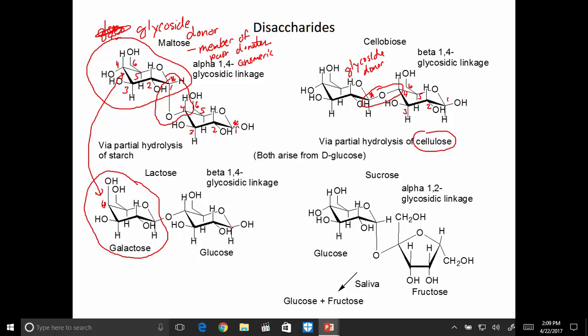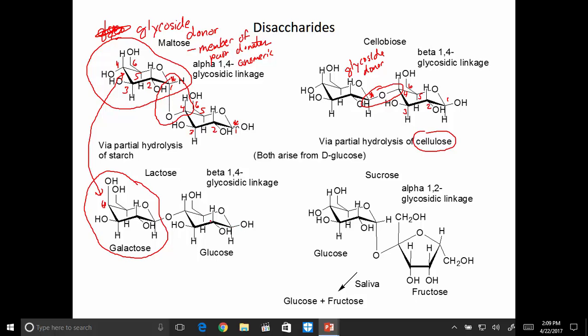So lactose is kind of interesting. Most of us are familiar with milk sugar. You can't grow up and not appreciate the fact that starch is nutritious or calorie containing and cellulose is not. It's just the woody part of plants.